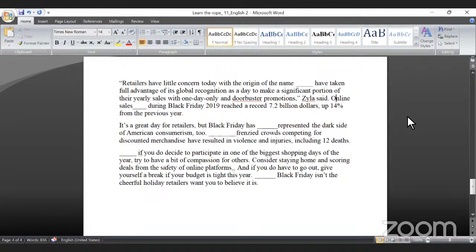Then dash, frenzied crowds competing for discounted merchandise have resulted in violence and injuries, including 12 deaths. Here you were saying moreover, right? Moreover, okay.